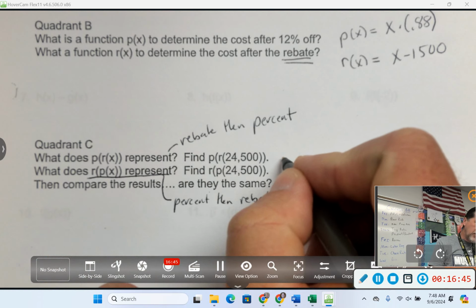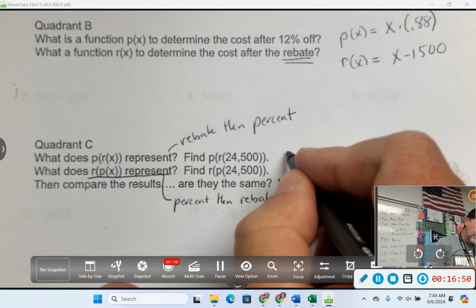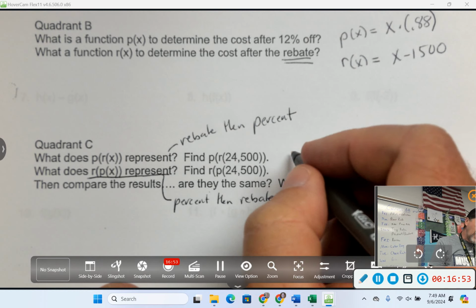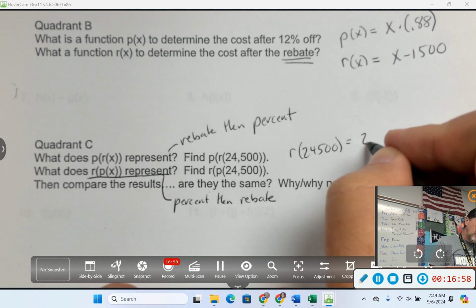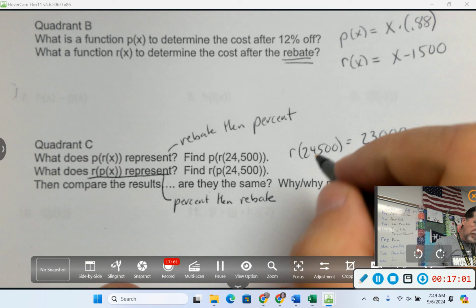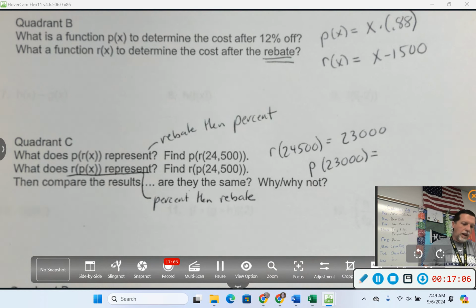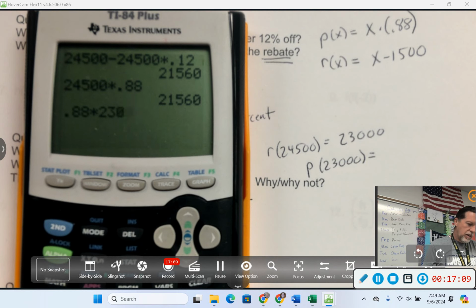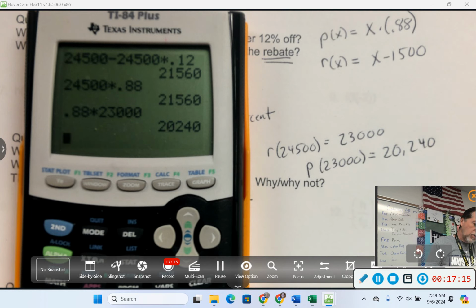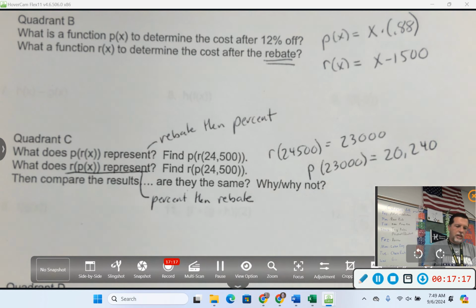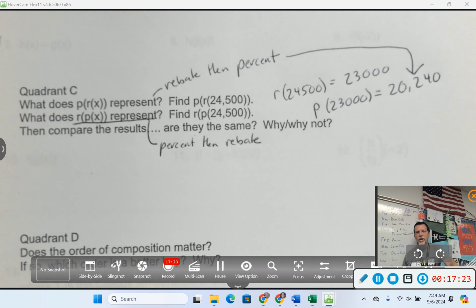If we take the rebate off $24,500, that would be $23,000. So the rebate off of 24,500 is 23,000, and then the percent off of 23,000, that's the 0.88 thing times 23,000, is 20,240. So rebate then percent, we'd be paying 20,240.